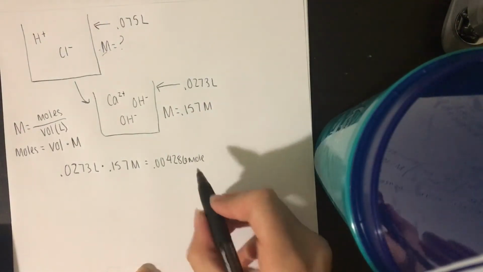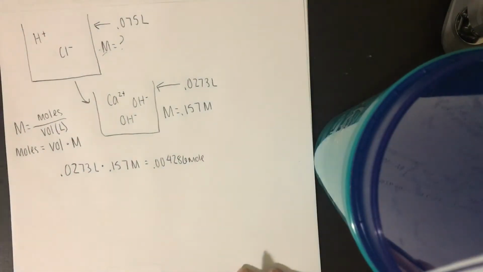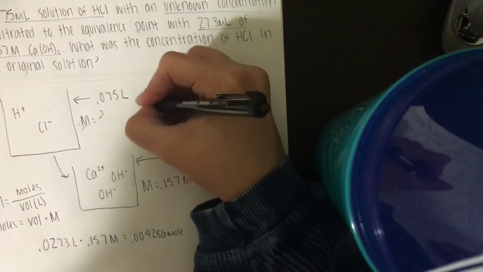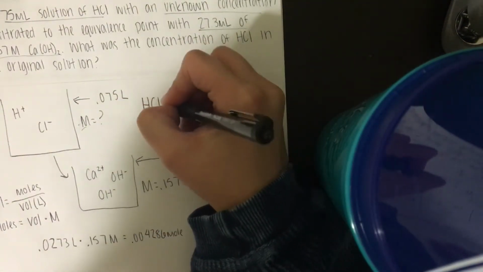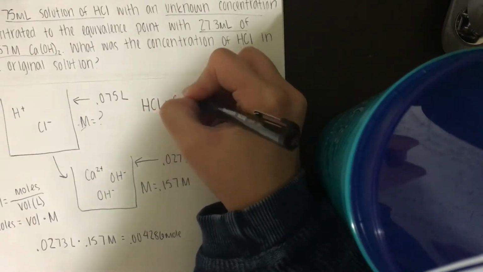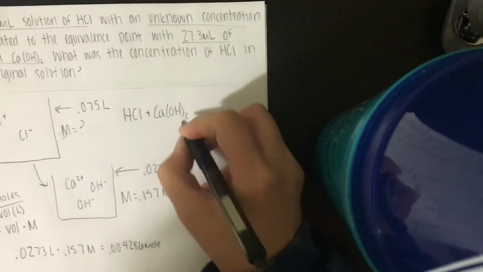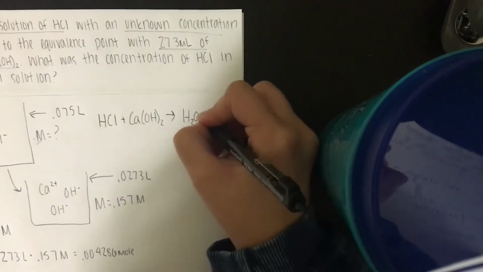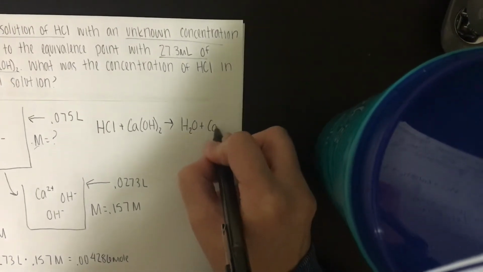To get from moles of this to moles of that, we have to use the stoichiometry from the balanced equation. So let's figure out what the equation is. We mix hydrogen chloride with calcium hydroxide, and that would give you water and calcium chloride.